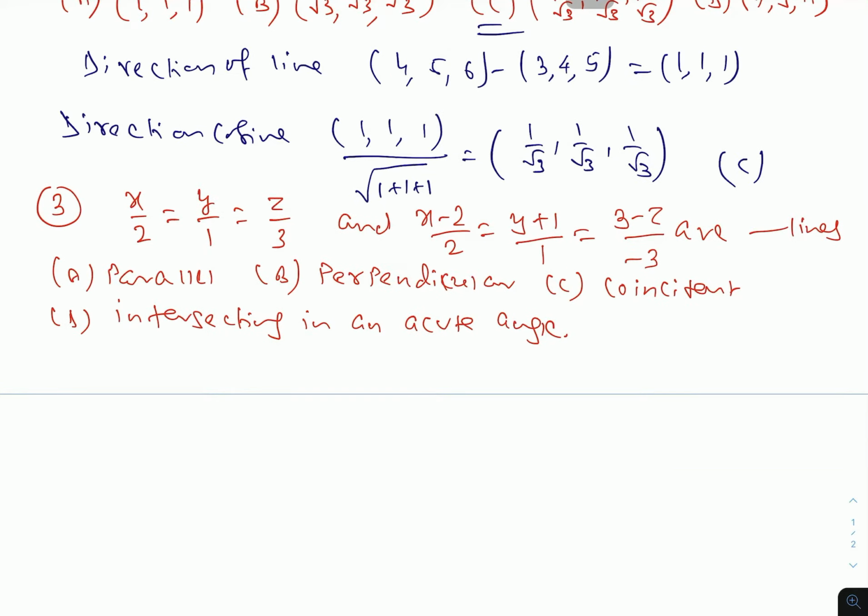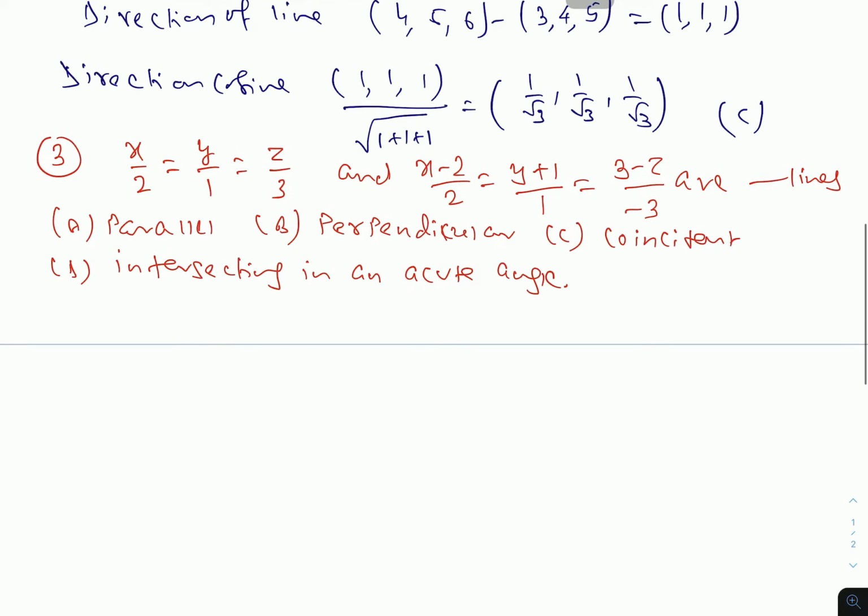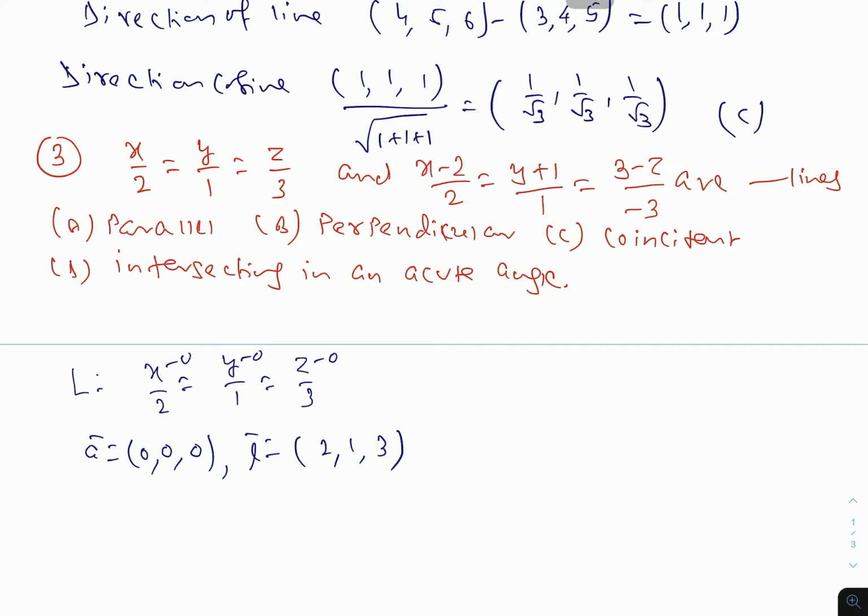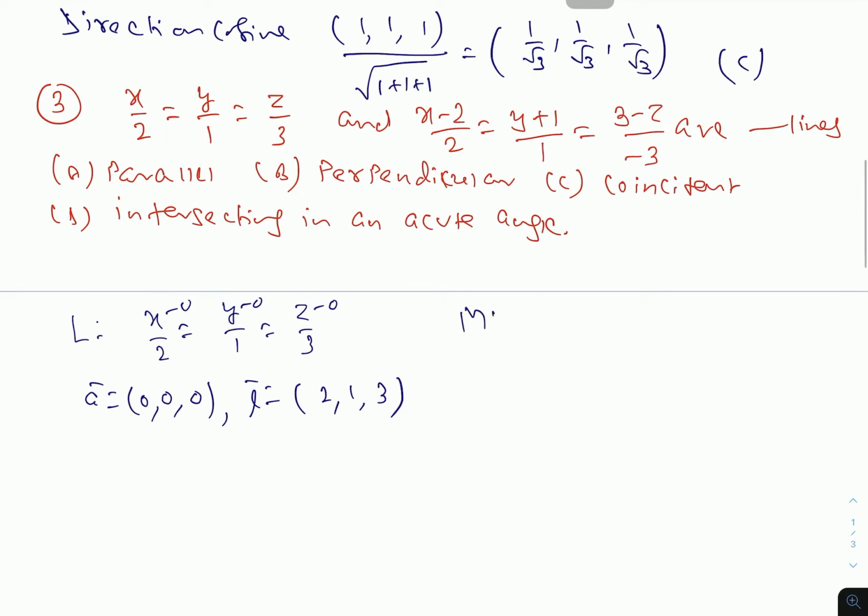So now the line we are having is x by 2 equal to y by 1 equal to z by 3. So here a bar passes through 0 0 0, x minus 0, y minus 0, z minus 0, and the direction L bar is 2 1 3. Another line is (x minus 2) by 2, (y plus 1) by 1, and we can write (z minus 3) by 3.